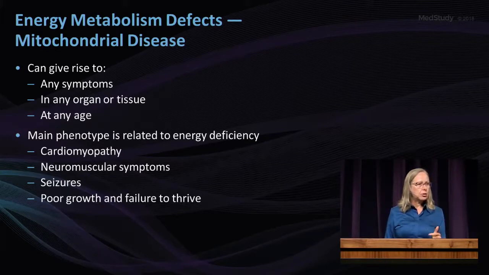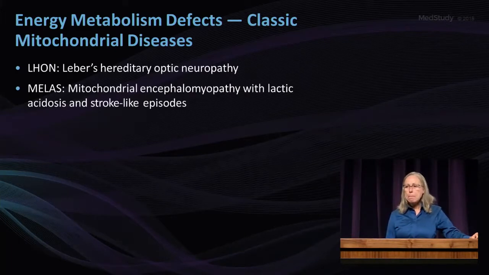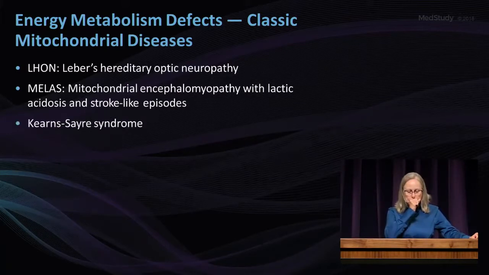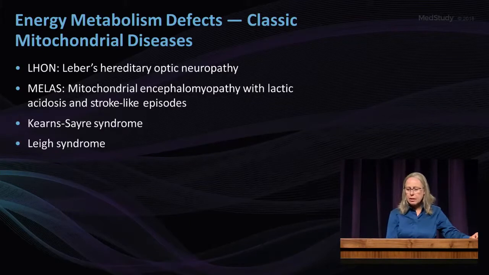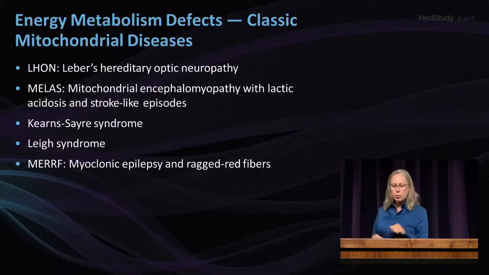What are your high energy systems? Some of the more common classic mitochondrial diseases are Leber hereditary optic neuropathy, MELAS, mitochondrial encephalomyopathy with lactic acidosis and stroke-like episodes, Kearns-Sayre and Leigh syndrome, and MERRF, which is myoclonic epilepsy with ragged red fibers.